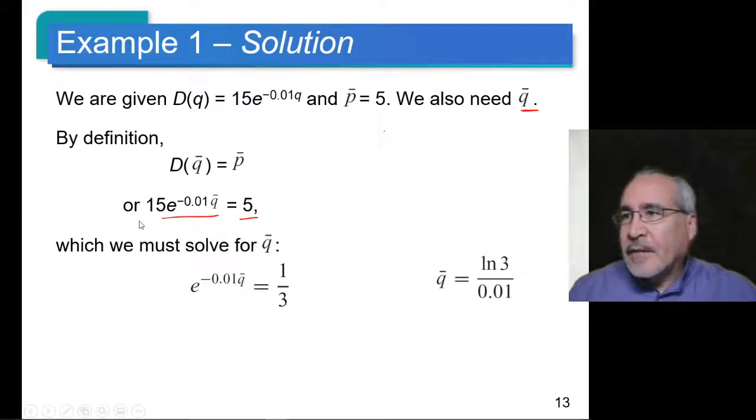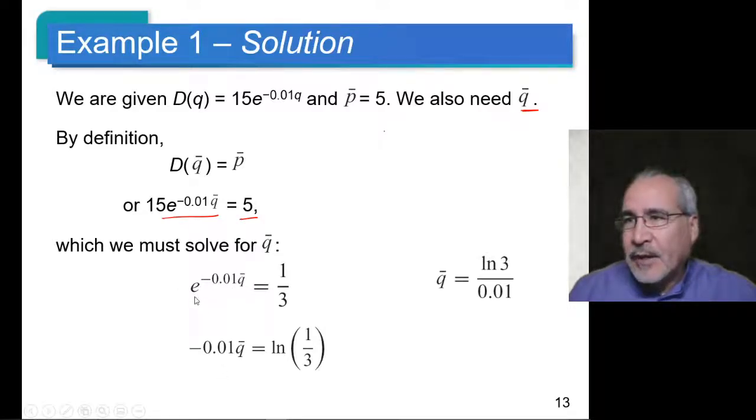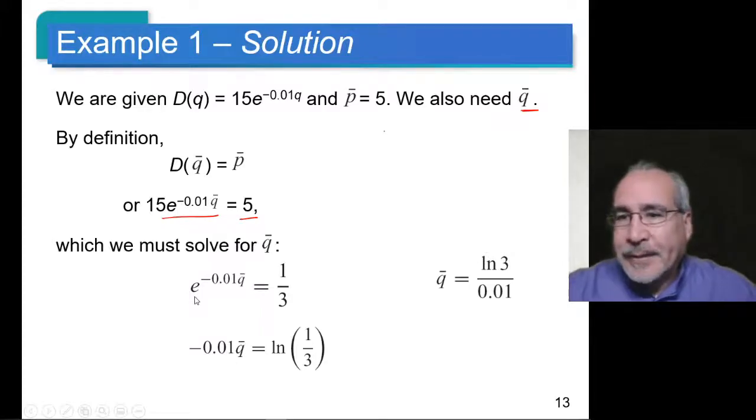And watch what we get over here by hand. What they did is they divided both sides by 15, so they get 1/3 here. Then they take the natural log of both sides, so the exponent comes down because natural log of e is 1. Take the natural log of 1/3. If you flip it, it's actually minus the natural log of 3.